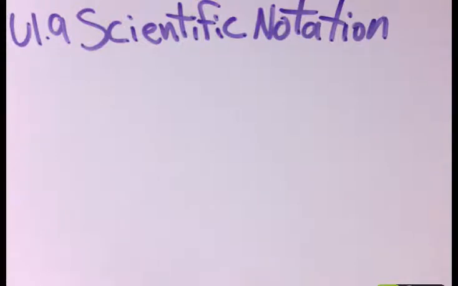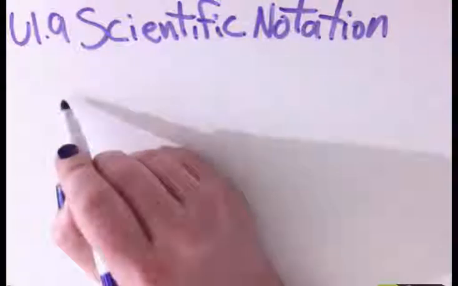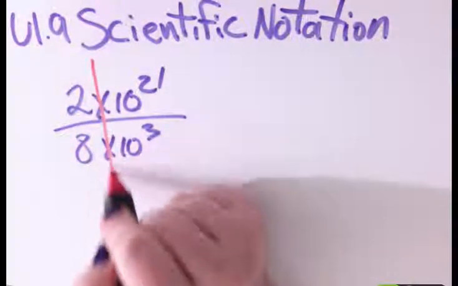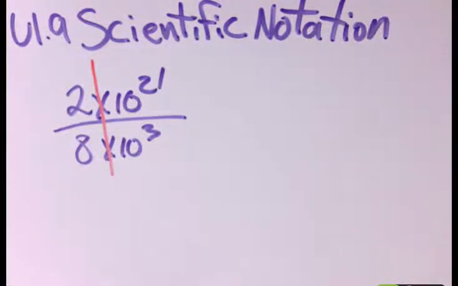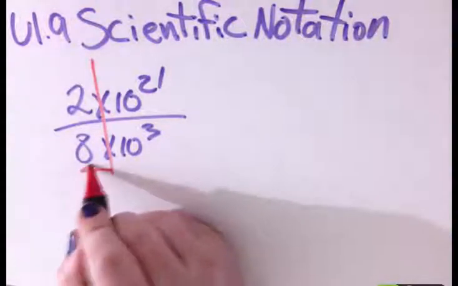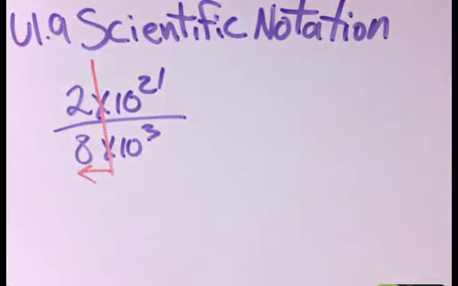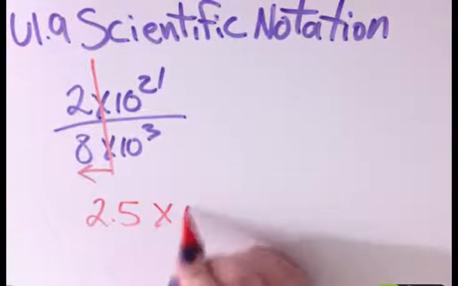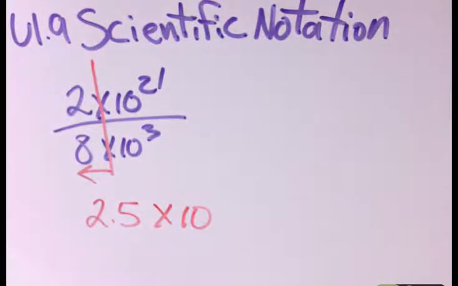Alright, so now let's say we're going to divide two scientific notation numbers. The shortcut that I would normally do here is to separate these out. So you can draw a line straight down here. So now you can just focus on everything that's on the left. So 2 over 8 gives you a quarter, or 1/4. So you get 2.5. We're still going to end up having times 10, but we have to figure out what that exponent is.